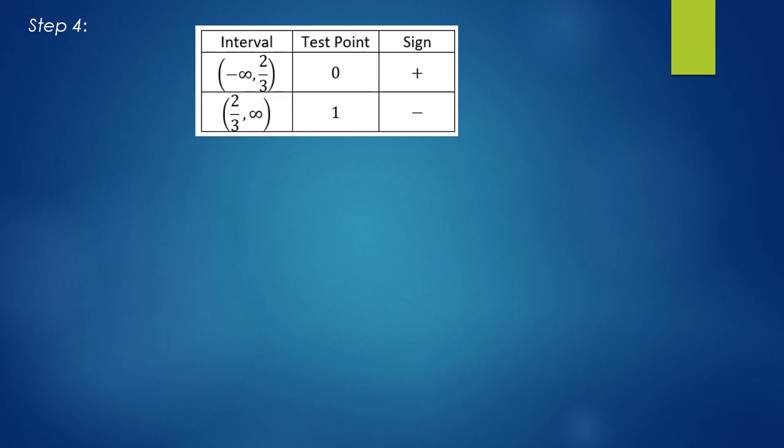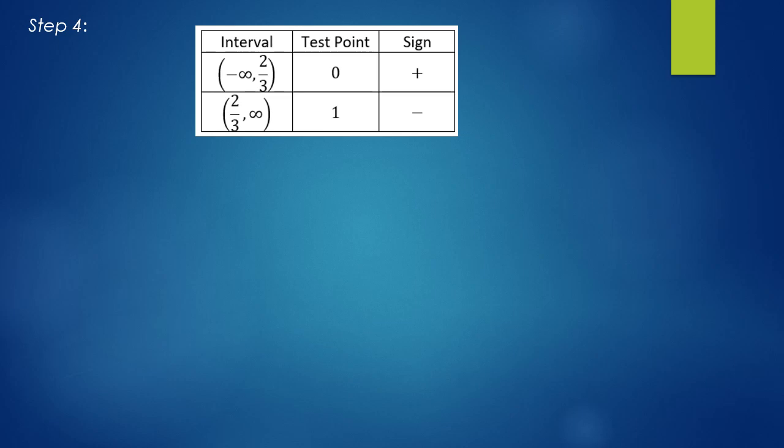Usually what we choose is either the greatest or least integer closest to the test point. So for this case here, from negative infinity to 2/3, these are all the numbers that are less than 2/3. The most convenient number that we can choose, or the test point, is 0.